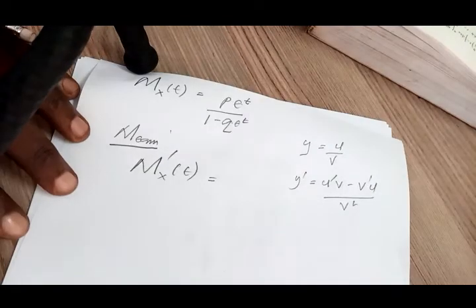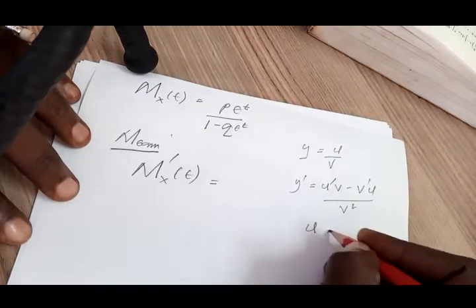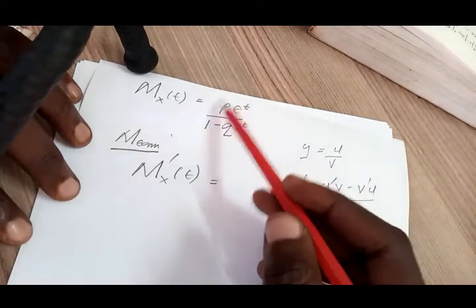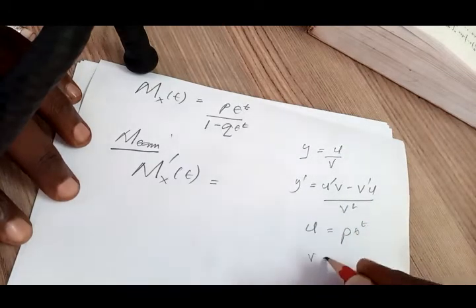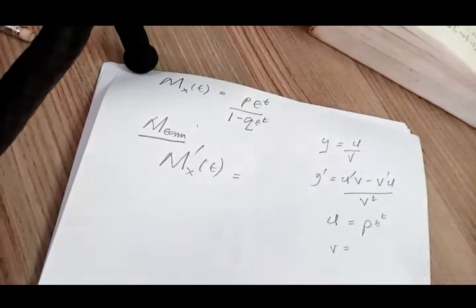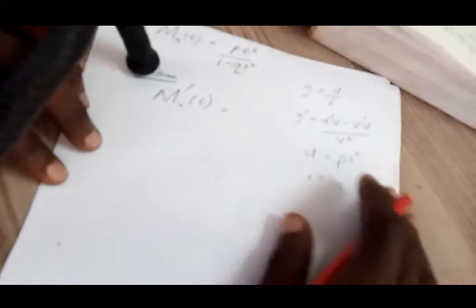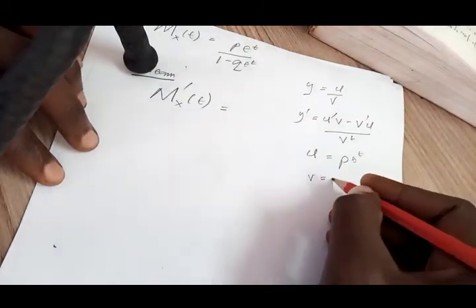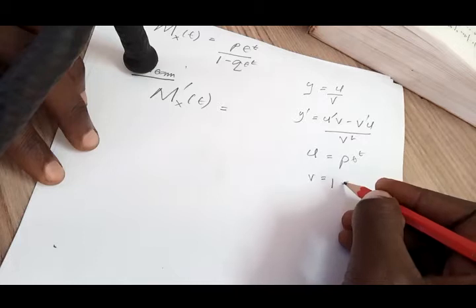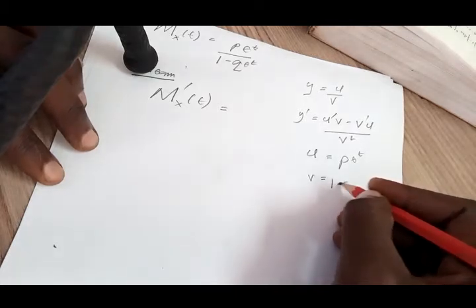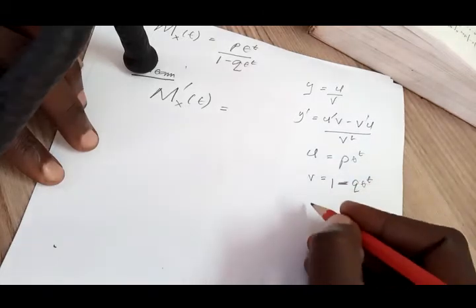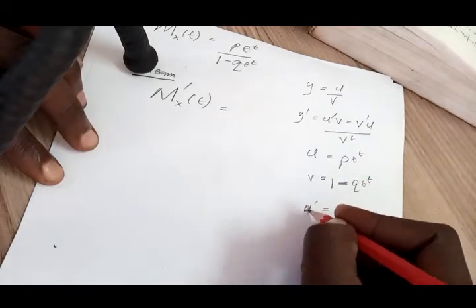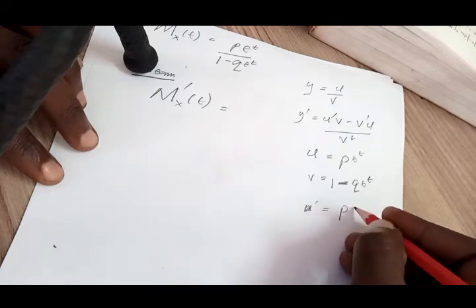Now in our case, I want you to believe that our u is the one that is on top, which is going to be equal to p e^t. Then our v is the bottom part, so our v is 1 minus q e^t. So our u prime is going to be equal to p e^t.